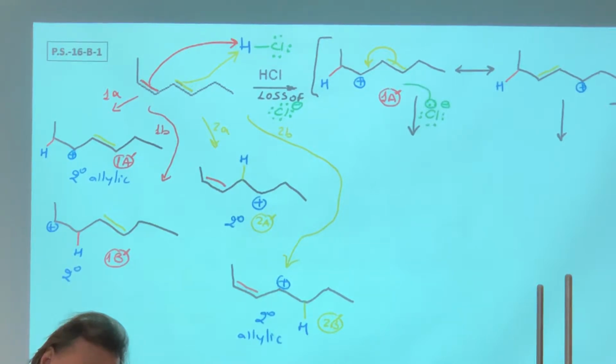It will come back again and attack this, and as a result, we're going to get the one product here. I just copy the backbone, copy the hydrogen here, and now, of course, here we have the chloride in this position here.